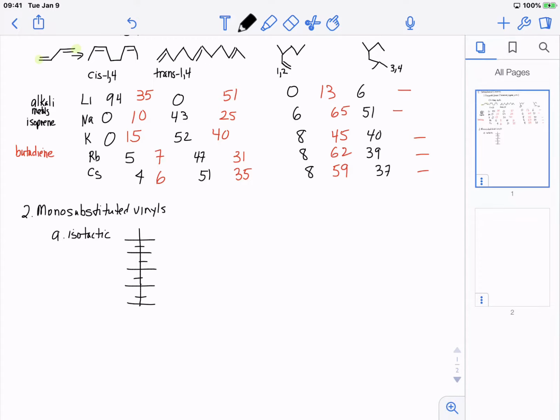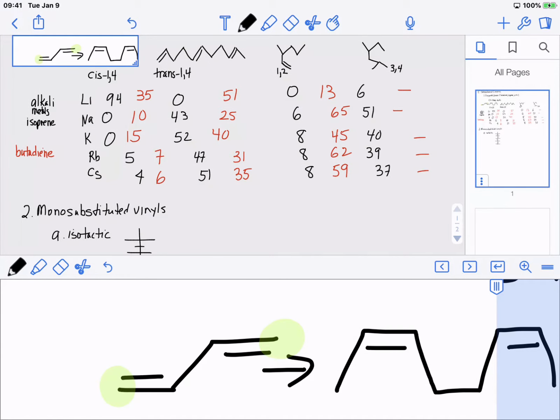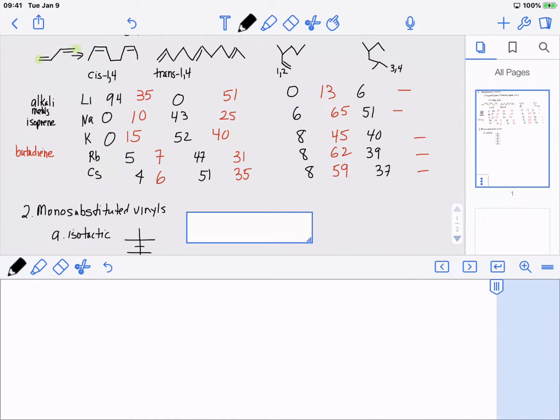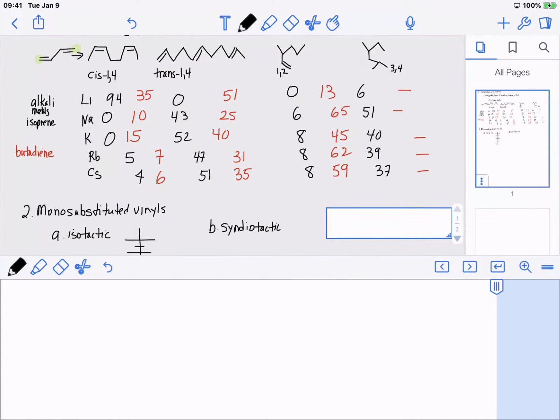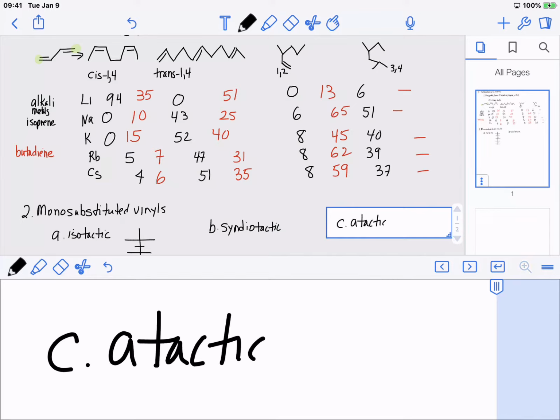The second one that we'll draw is the syndiotactic polymer. And obviously the third one that we'll draw is the atactic polymer.